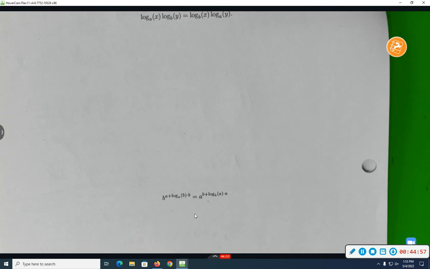And so now when you think about this angle alpha, you know its sine. You know that angle alpha has to be between 0 and 180 degrees.